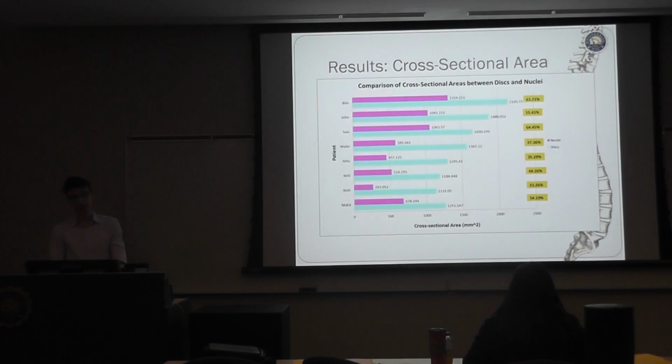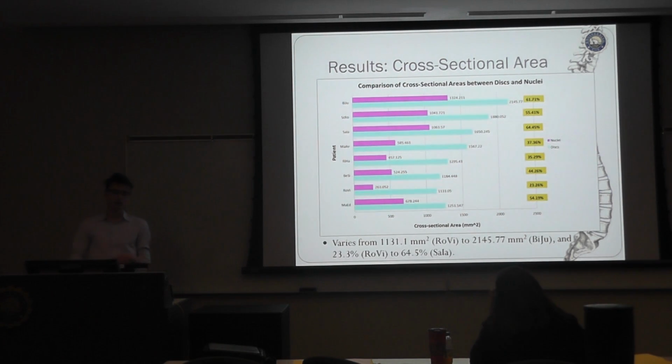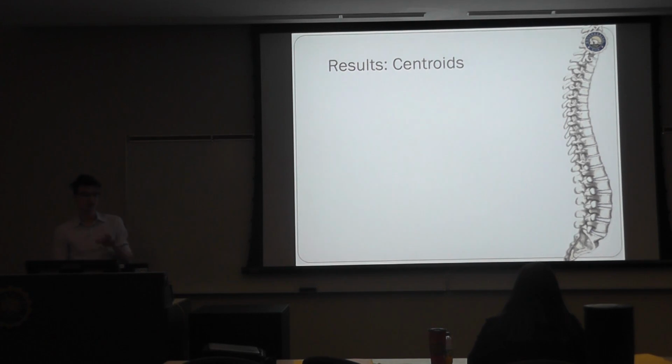For cross-sectional area, the story was much the same. It varied from as low as 1,100-ish millimeters squared to up to 2145 millimeters squared. And the ratios were as low as 23% and as high as 64%. And then the centroids.